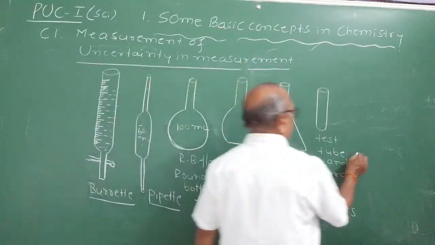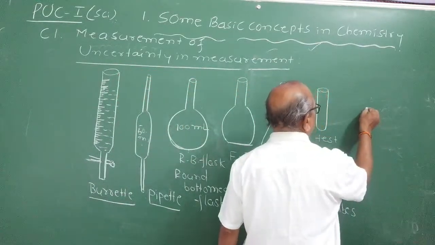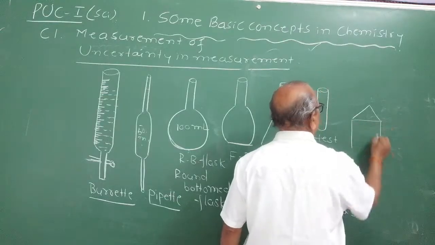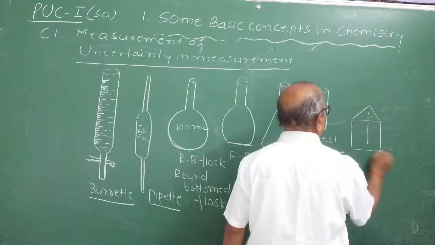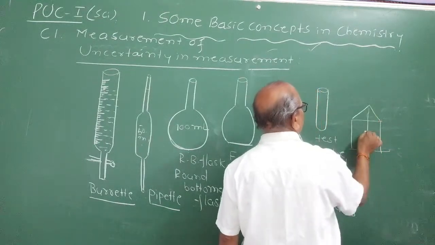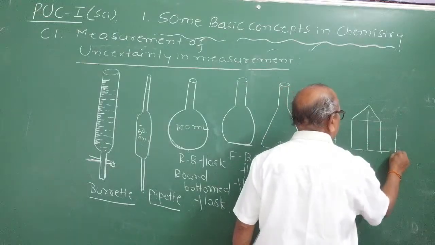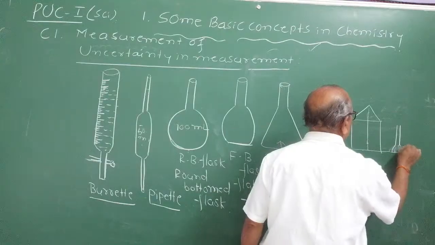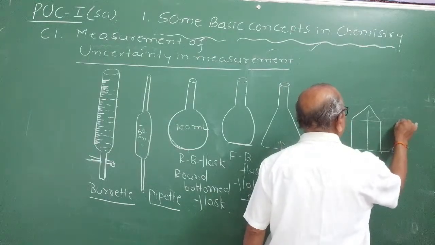You are using a stand and a tripod like this. There will be a tripod. Tripods are used. Okay, on this you can heat it. Bunsen burner we are using for heating purposes. Generally it will be like this.